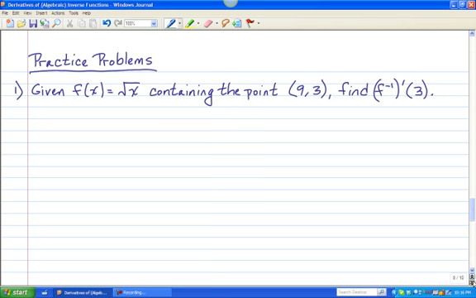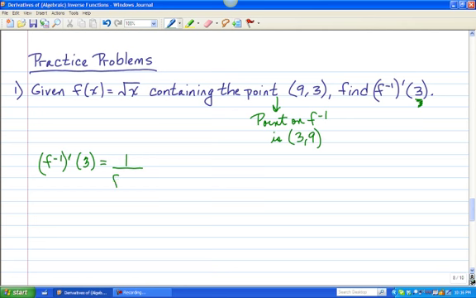Now you have to remember, if the original function contains the point (9, 3), remember that the point on the inverse is (3, 9). That explains why this is a 3 in there. So we're finding the derivative of the inverse at 3.